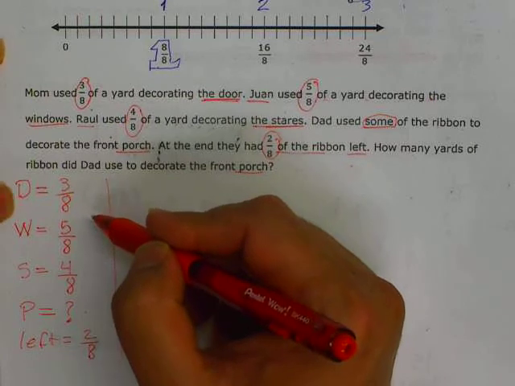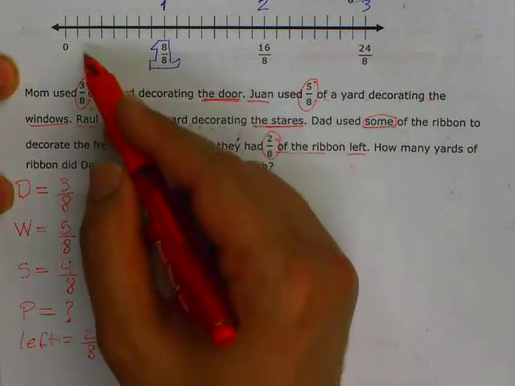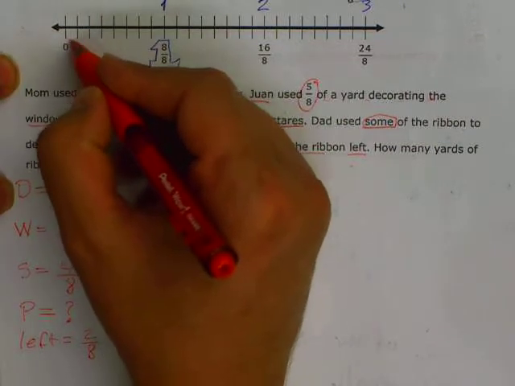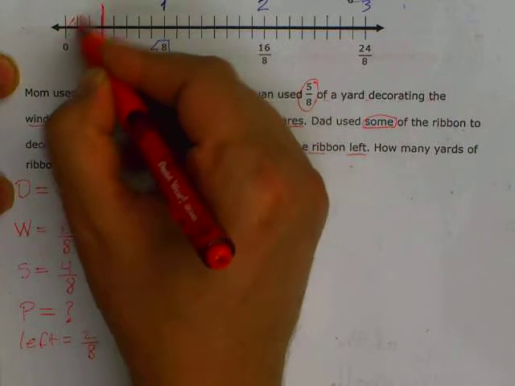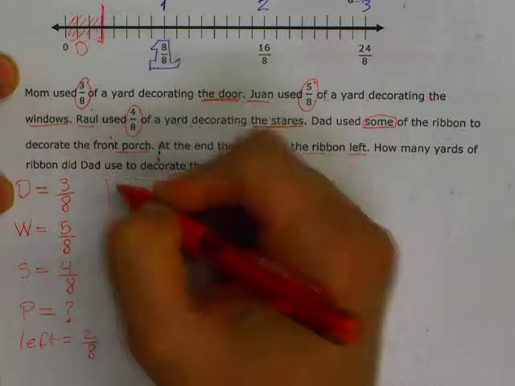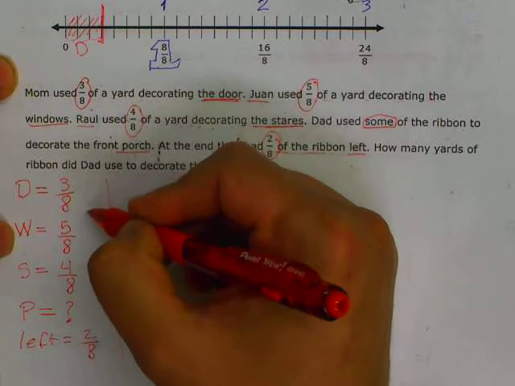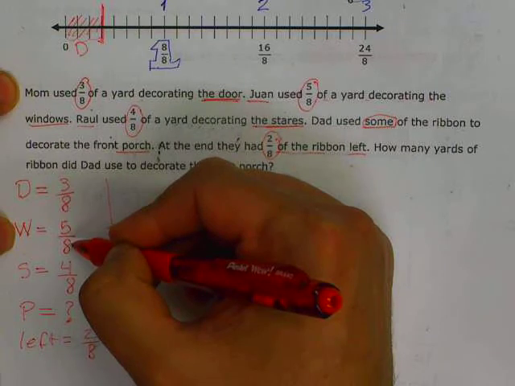I know that Mom used 3/8 to decorate the door. So I'm going to use 3/8. 1, 2, 3/8. This is what Mom used for the door. Then it says that Juan used 5/8 to decorate the window.